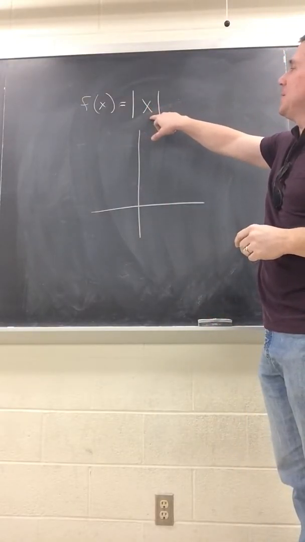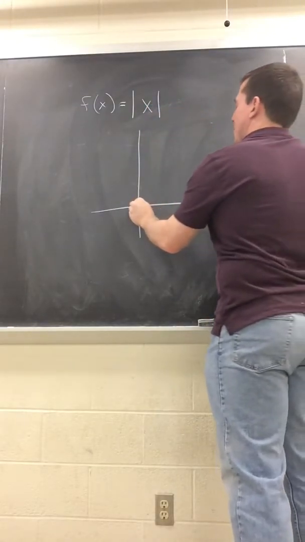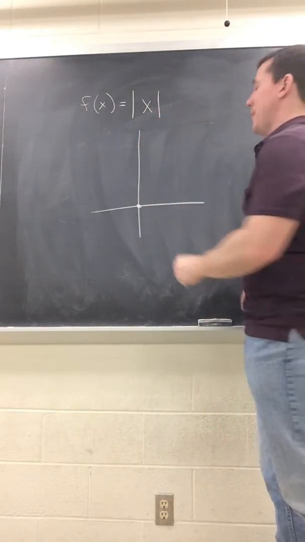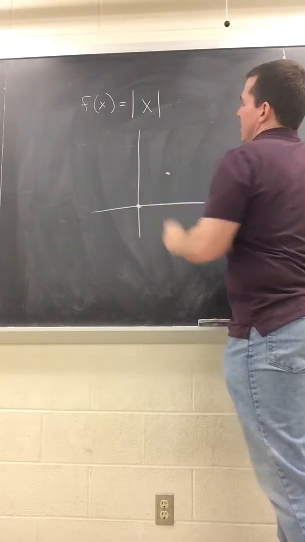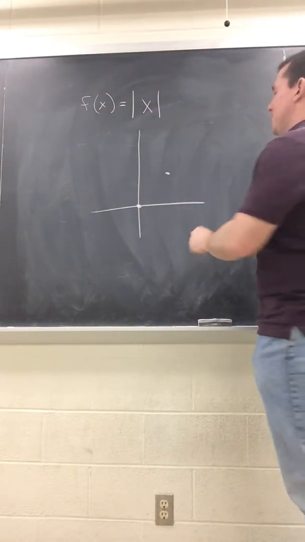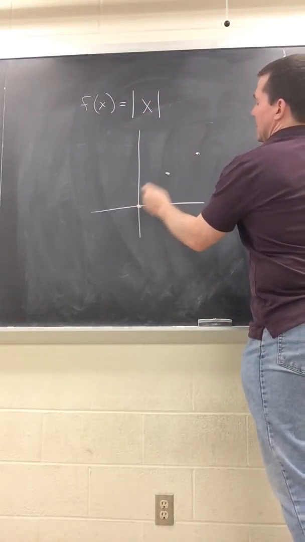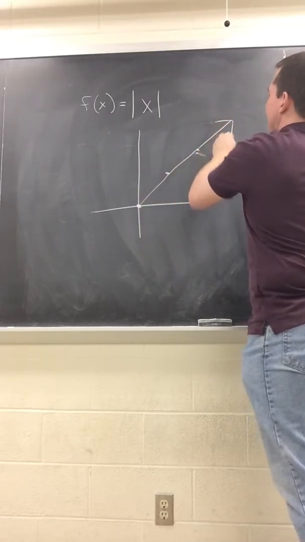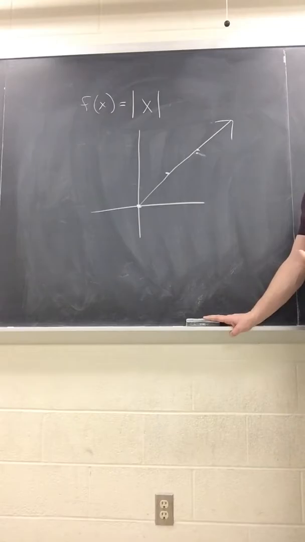If you plug in x equal to 0, you get the absolute value of 0, which is 0. If you plug in 1, you get the absolute value of 1, which is 1. If you plug in 2, you get the absolute value of 2, which is 2. And we can see pretty clearly this will just go up like that. It's at a 45-degree angle.